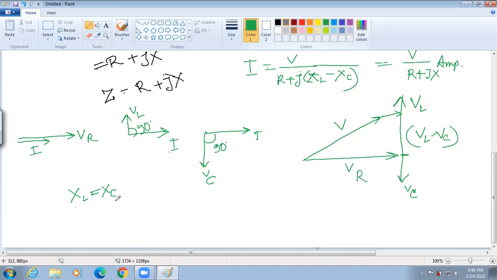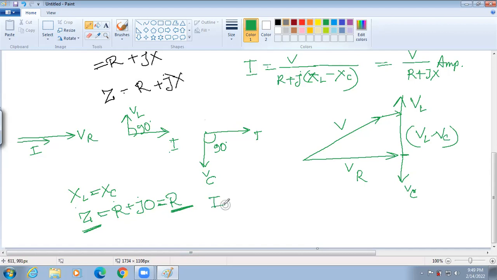So when XL equals XC, then Z equals R plus j times 0. So it ultimately yields R. So at the resonance frequency condition, Z equals the resistance.